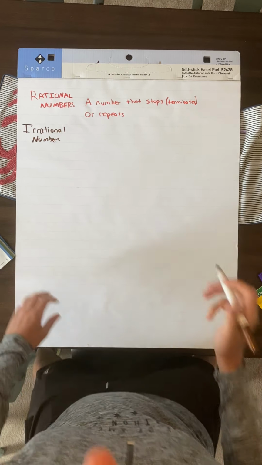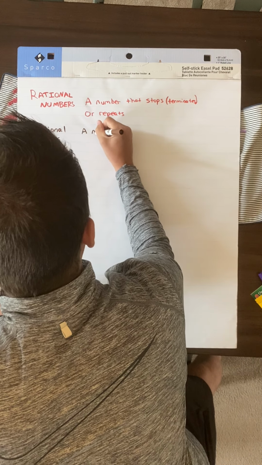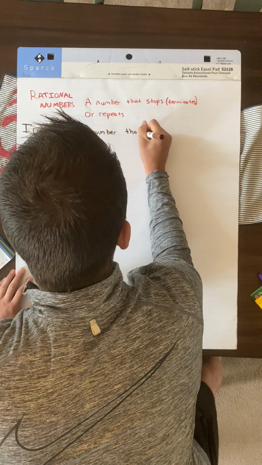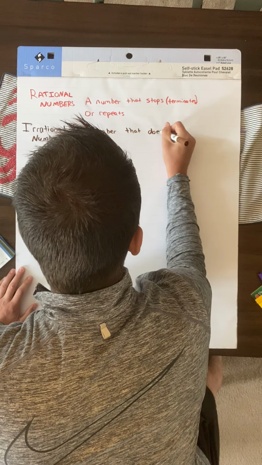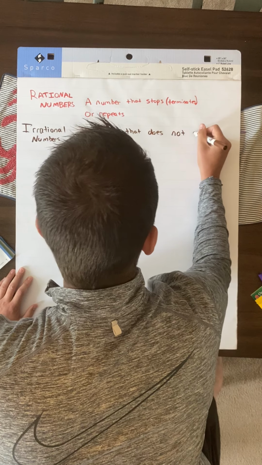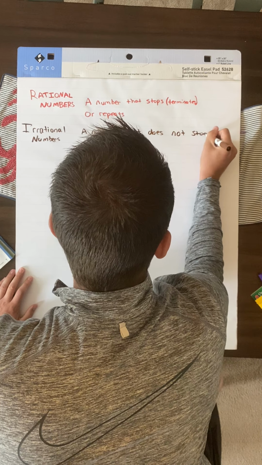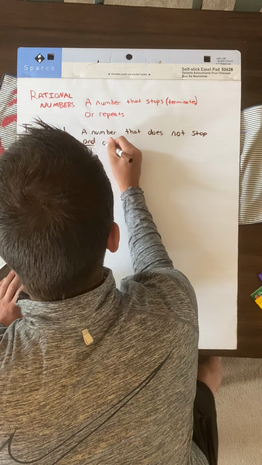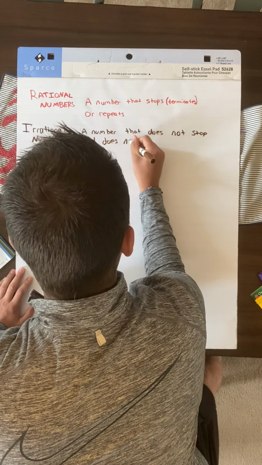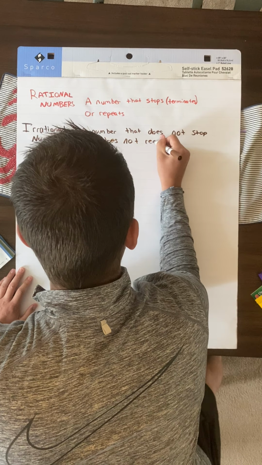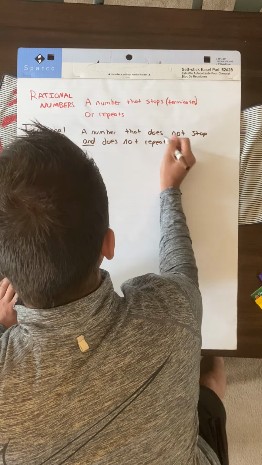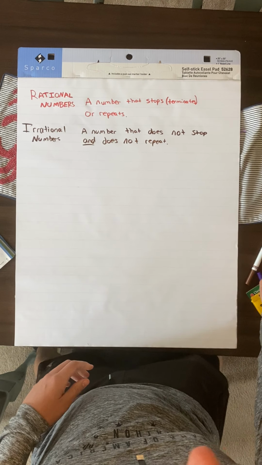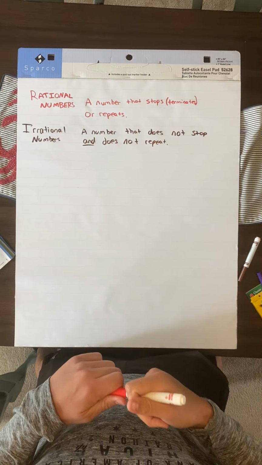So an irrational number is a number that does not stop or terminate and does not repeat. Can anybody think of an example of a rational number? I'm sorry, an irrational number with an I.